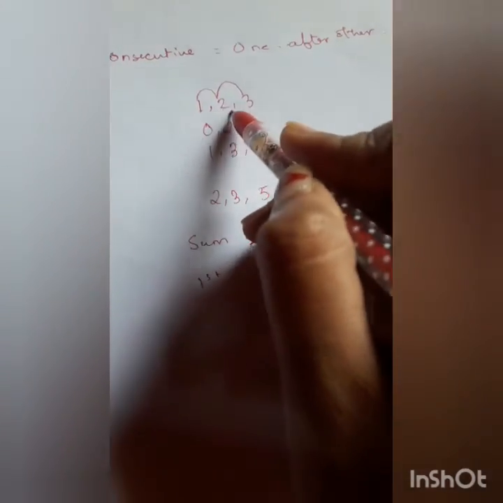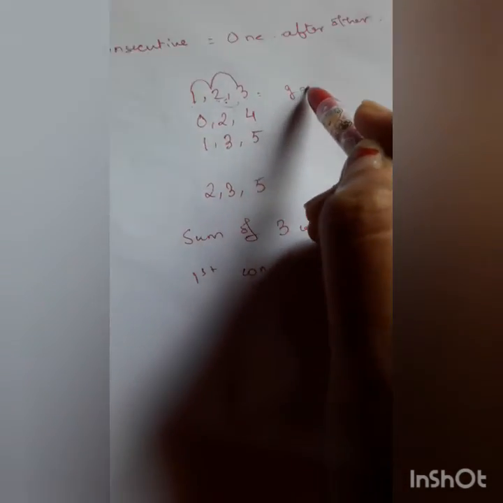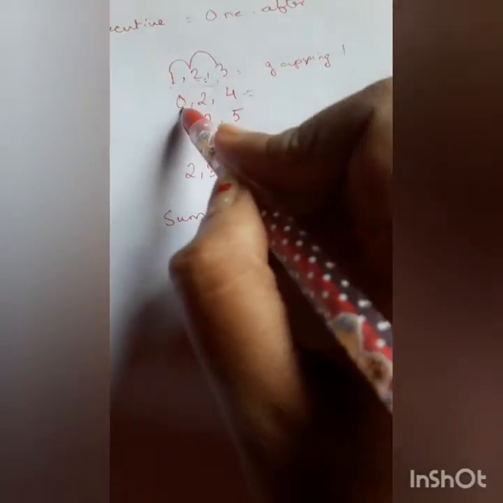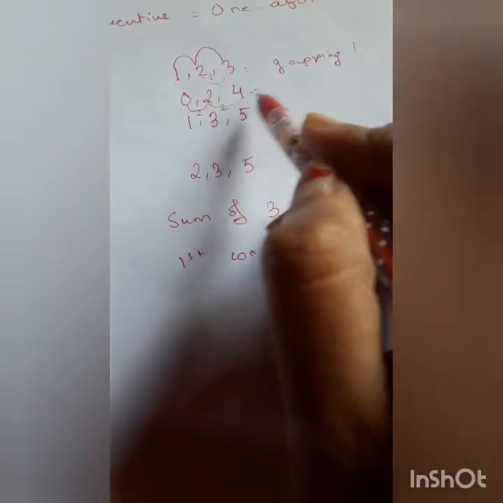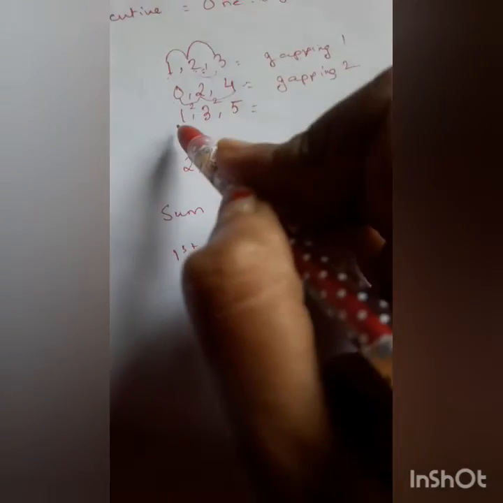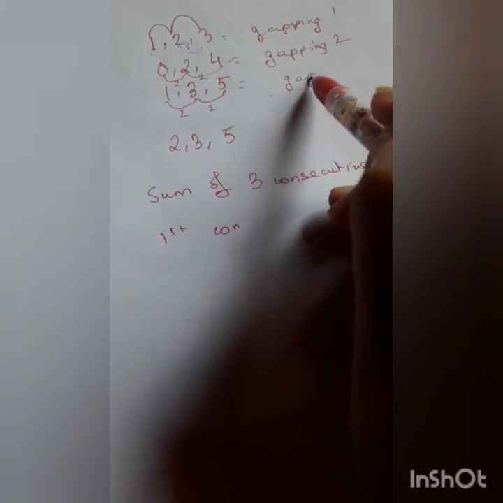So I am getting 2 by 1 plus 1, I am getting 3 by 2 plus 1, like that. So gapping is 1. In case of even numbers, what is the gapping? 0 plus 2 will give me 2. 2 plus 2 will give me 4. So here gapping is 2. In case of odd numbers, gapping is also 2. Just check: 1 plus 2, 3. 3 plus 2, 5. So here also gapping is 2.